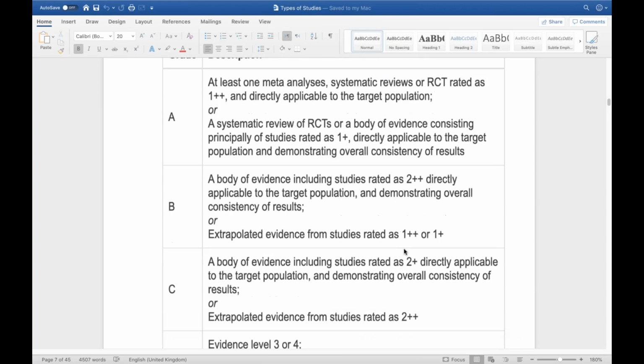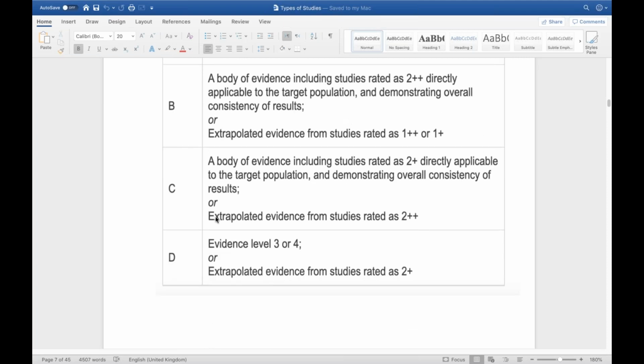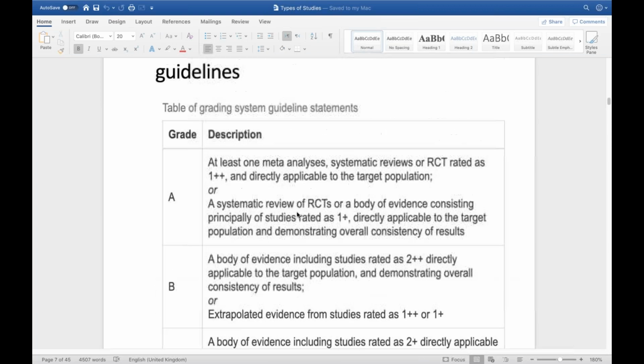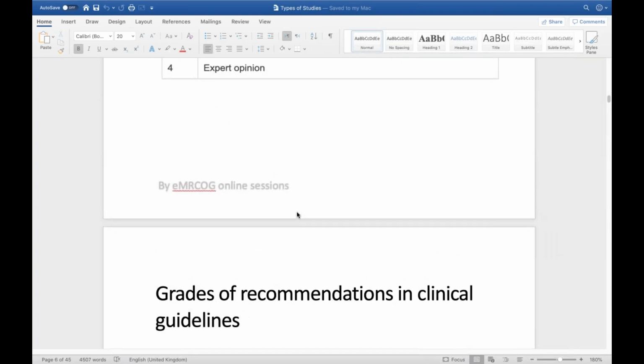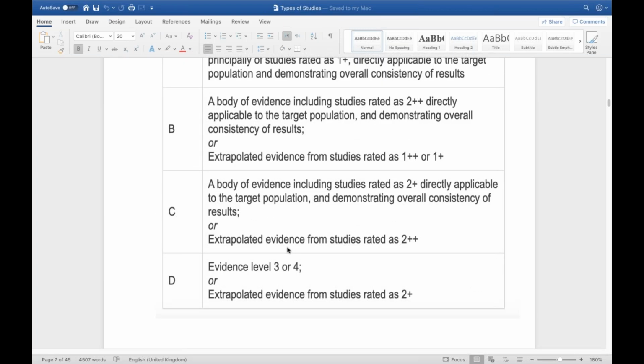Just not to be confused about extrapolated evidence: every study has what we call a primary outcome and other outcomes. So if some people decided to do a systematic review of the secondary outcomes of these studies, that's not the primary outcome. It's not a strong evidence like the primary outcome.